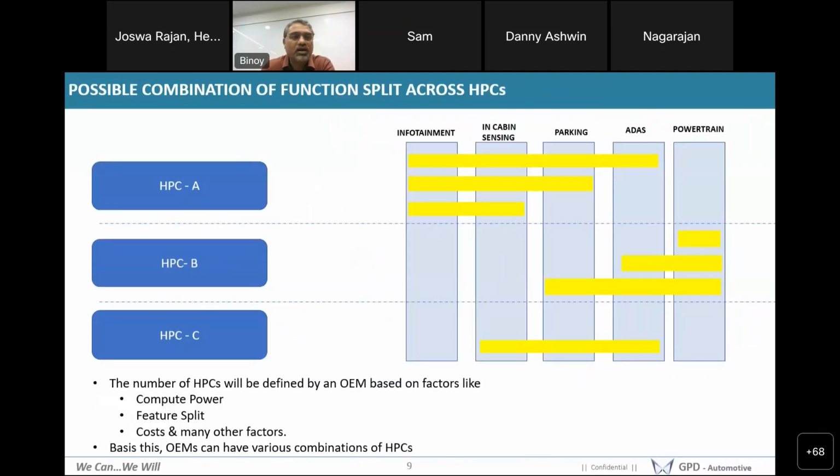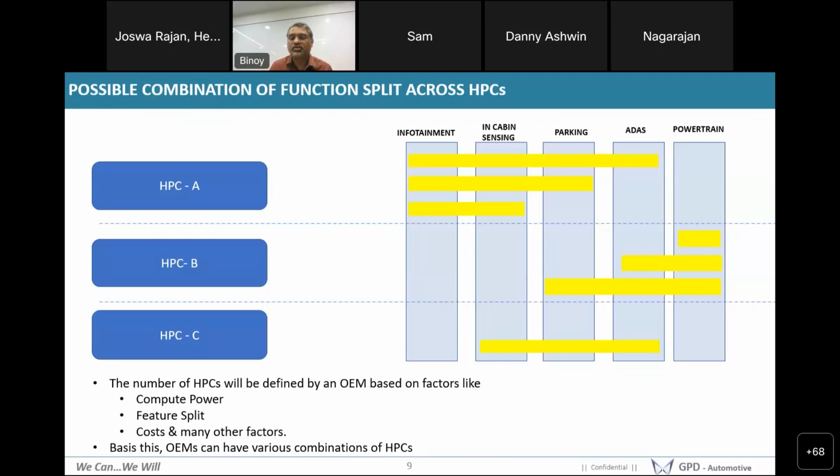Again, within the high performance computes, why are there multiple of them? There's a fundamental angle to it: a functional safety aspect. Some of you may have heard of this standard across the industry called ISO 26262, which defines which functionalities are safety critical, which have to be redundant, which have to have error handling mechanisms. And there are features where, even if that feature doesn't work, the vehicle will drive and there's no accident.